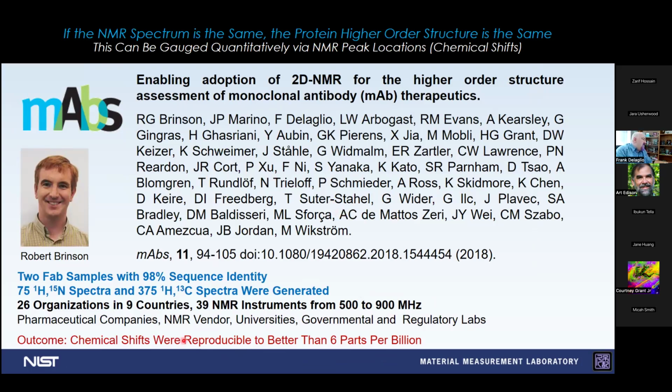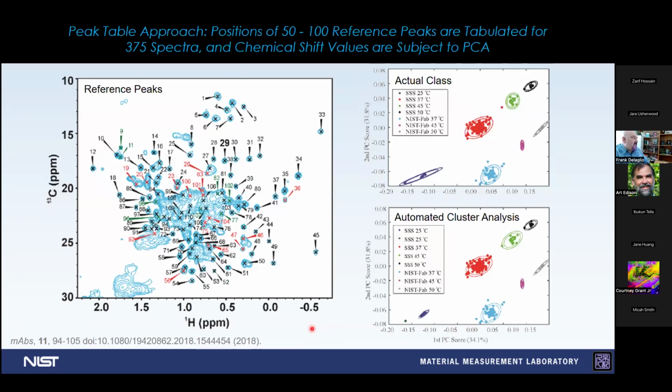Well, the reproducibility of making these measurements was studied in a multi-lab study arranged by Rob Brinson here. And in this study, we sent the same two MAB samples to 26 different labs around the world with many different kinds of spectrometers and had them reproduce the same measurements. And what we found is no matter who does the measurements on what kind of spectrometer, the chemical shifts of the peaks in these spectra are reproducible to better than 6 parts per billion.